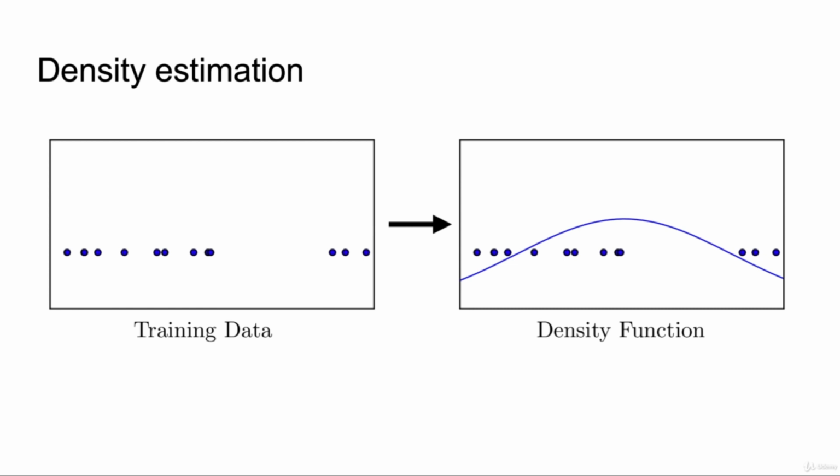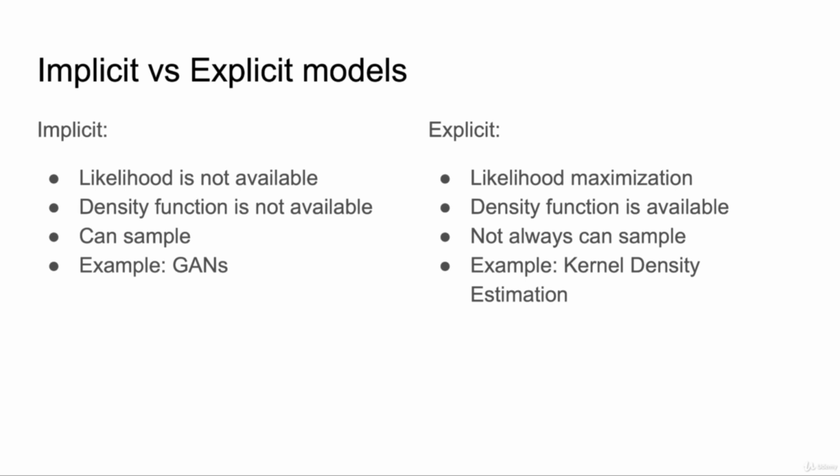All generative learning is based on density estimation. It means that usually we have a set of training samples. It can be images, sound, text, or any others, and we would like to either build a density function or have an ability to sample from this density. And we can divide estimation of density into two types, implicit and explicit.